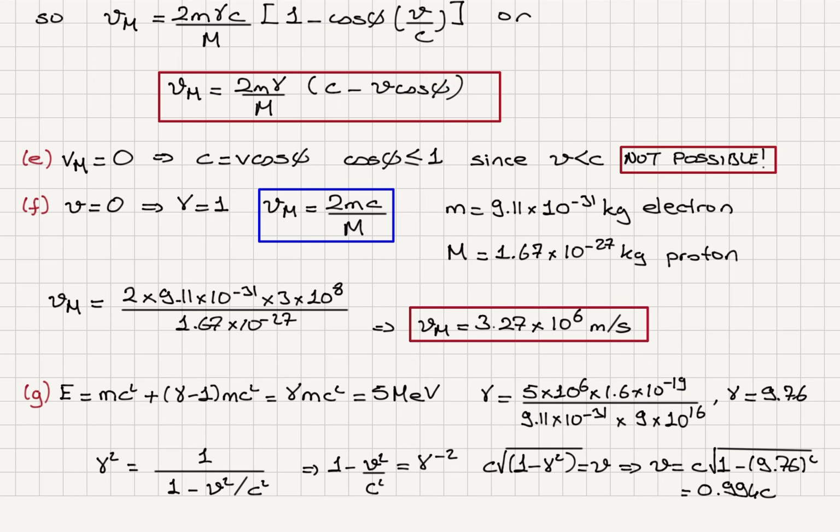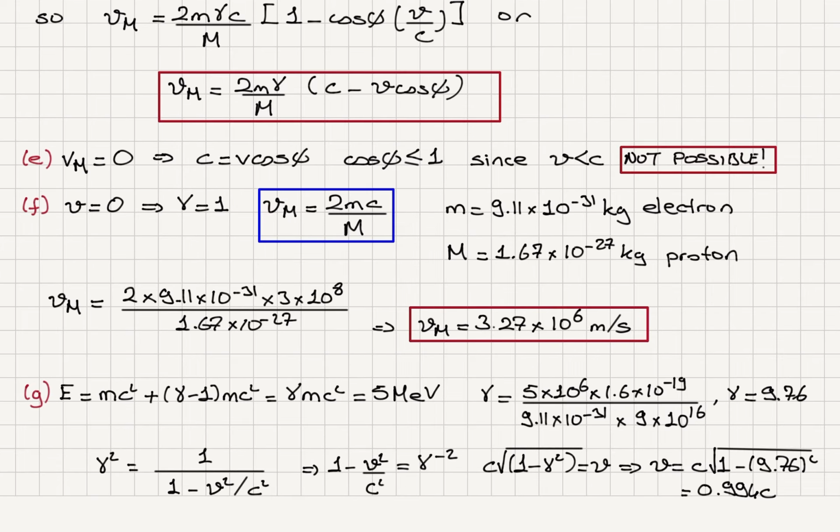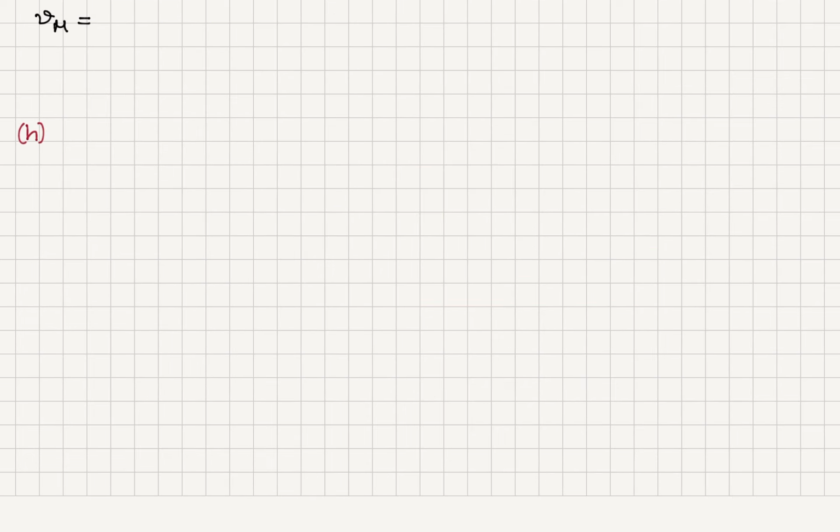So I can substitute that into this expression to calculate v sub capital M. V sub capital M is equal to 2m gamma over capital M. So 2 times 9.11 times 10 to minus 31 kilograms times gamma 9.76 divided by capital M for the proton, 1.67 times 10 to minus 27 kilograms.